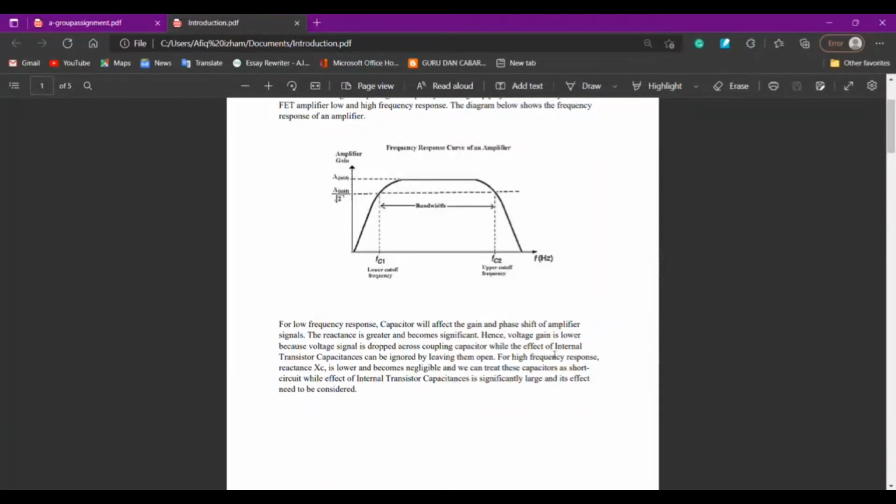Hence, voltage gain is lower because the voltage signal is dropped across the coupling capacitor, while the effect of internal transistor capacitors can be ignored by leaving them open. For high frequency response, reactance is lower and becomes negligible, and we can treat this capacitor as short circuit, while the effect of internal transistor capacitor is significantly large and its effect needs to be considered.